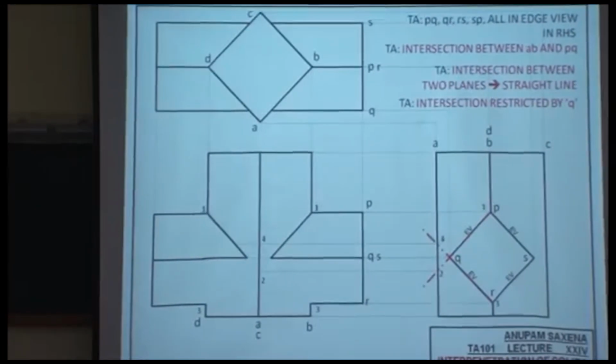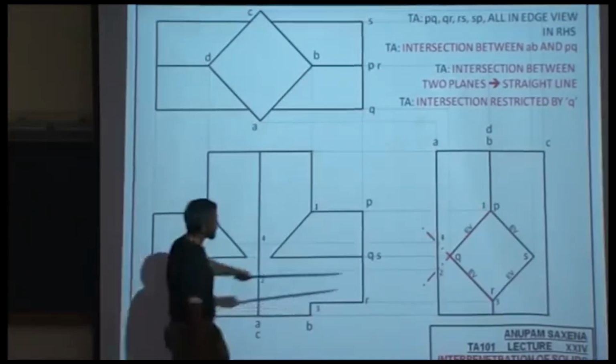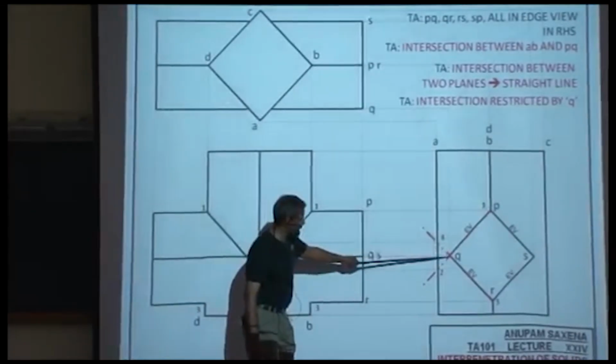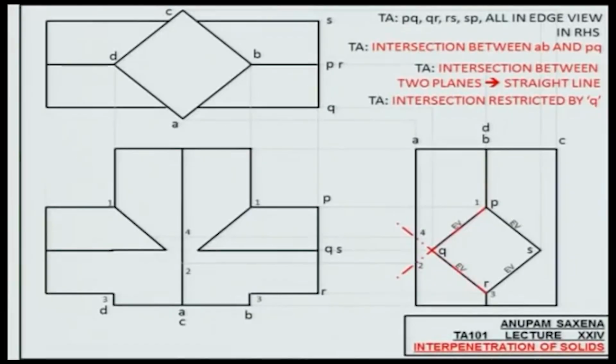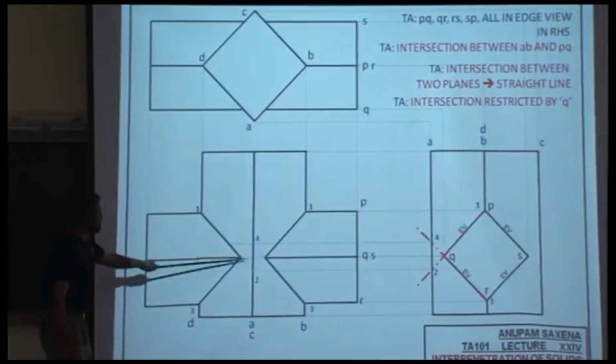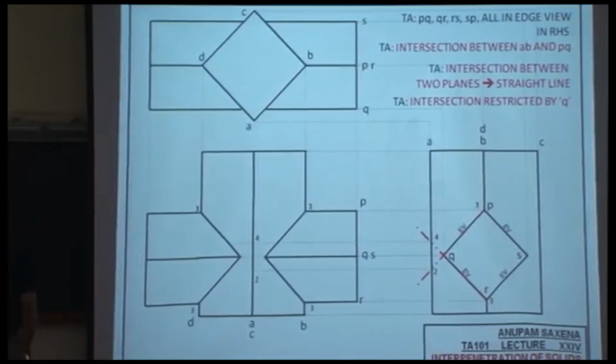Okay. Once again, this is not my actual intersection point. Actual intersection is happening over here. All right. So my intersection lines get extended only to this point. Okay.